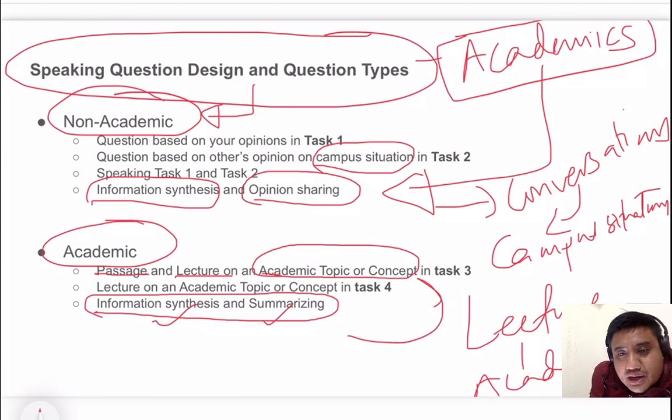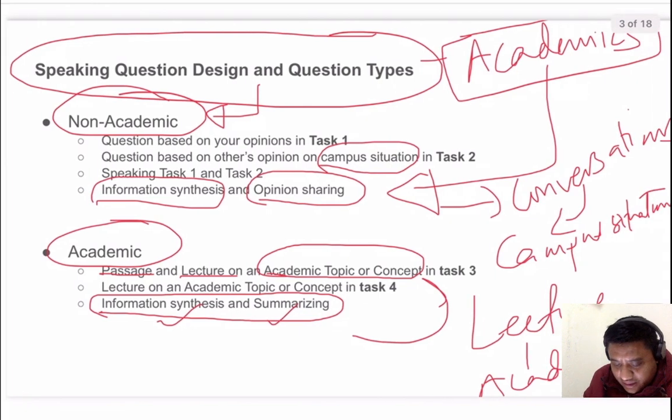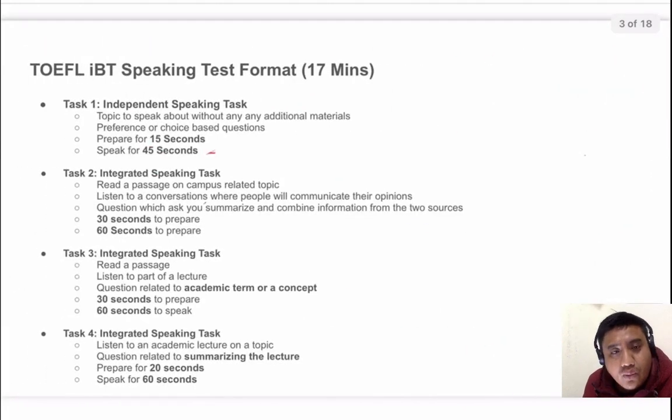Usually the scenarios are either a conversation on a campus situation, or a lecture, when they talk about the integrated part. Now, when they talk about the independent part, it is just directly a question, usually related to an opinion. Okay, so with that background, now I think we can go to the TOEFL iBT speaking format.